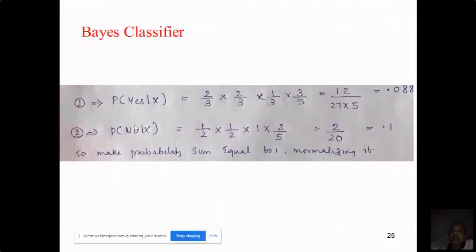The class label for the new data point will be no, because the probability in the second case is greater than the first case. So in this way, this Bayes classifier works, and every feature is independent of each other.